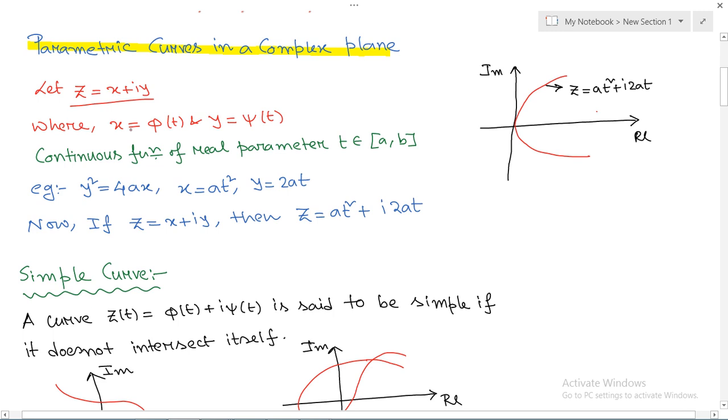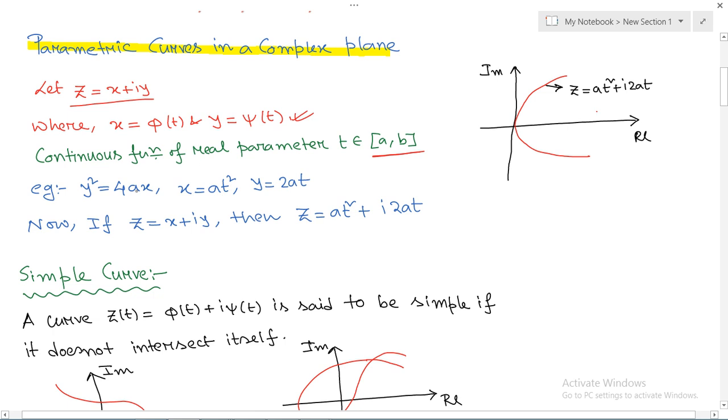Now if we consider x equals some function of t and y equals another function of t, say x equals phi of t and y equals psi of t, where we assume that both x and y are continuous functions of the real parameter t, where t lies in some closed and bounded interval a to b, and a and b are real numbers. This is the representation of a complex number in the Argand plane.